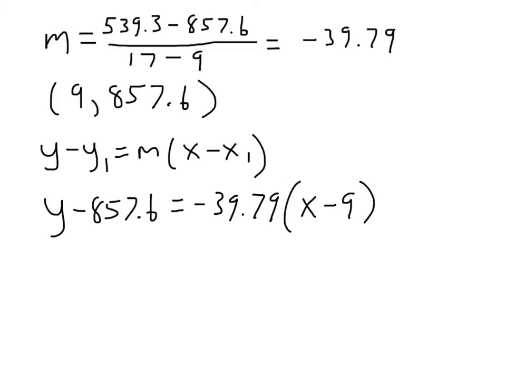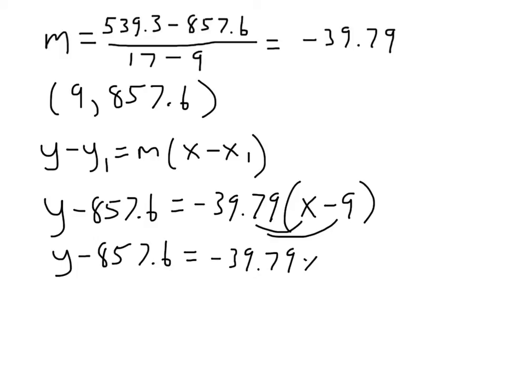And we just want to simplify this, so we're going to distribute out the right side as we normally do. So we'll get y minus 857.6 equals negative 39.79x.